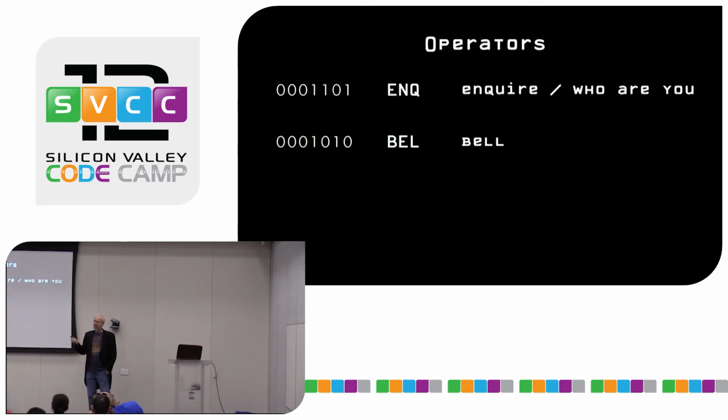There were a couple of codes for operators to use. So if you were connected to some station and you don't know who you're talking to, you could send them the inquire code, and there would be a little drum on the teletype on the other end that would have a pre-recorded sequence of characters that would get sent back to you so you'd know who it is you're talking to.